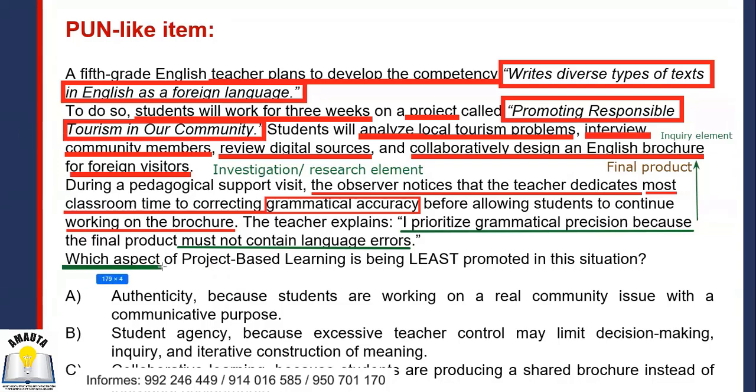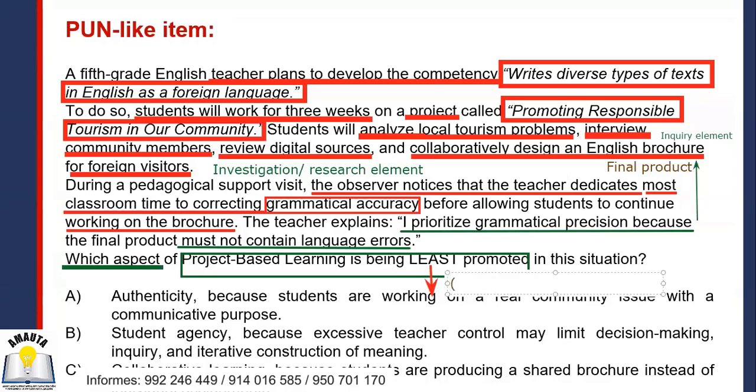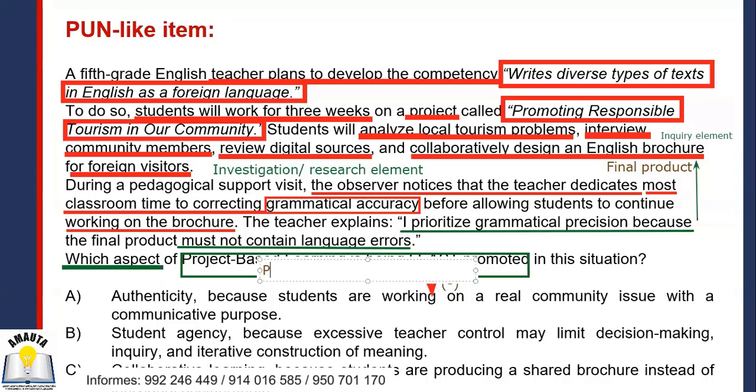Which aspect of project-based learning is being least promoted in the situation, right? Which of these elements or characteristics of this PBL approach is being least promoted in the situation?